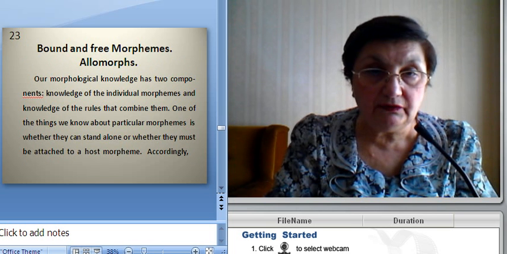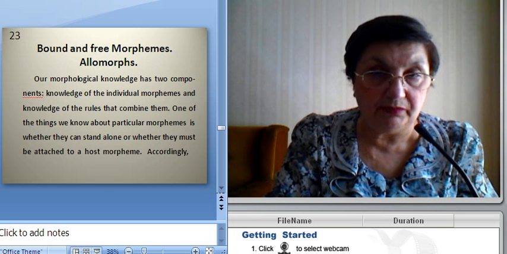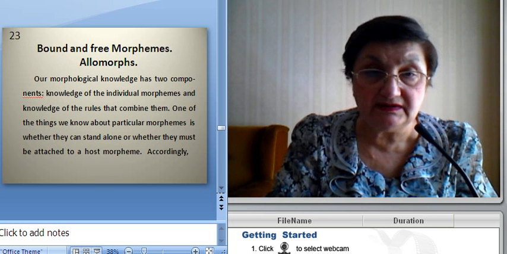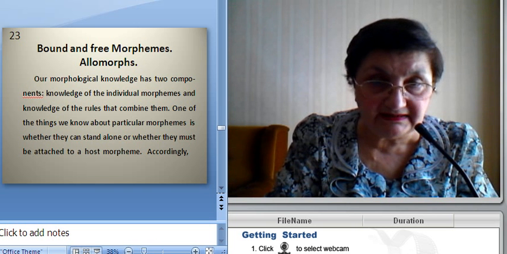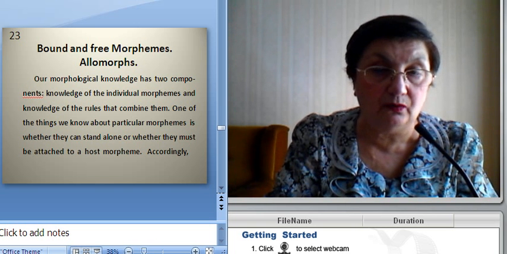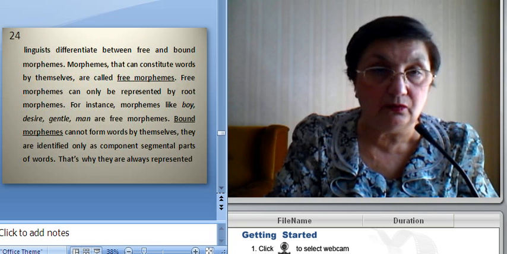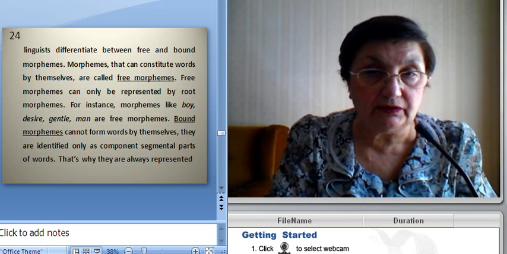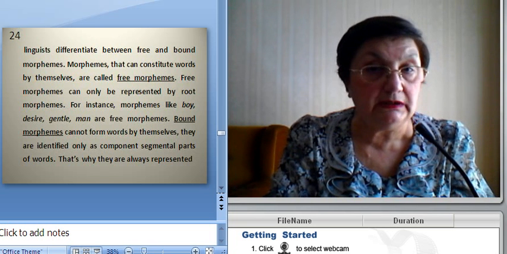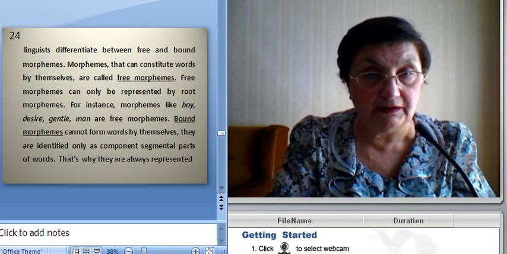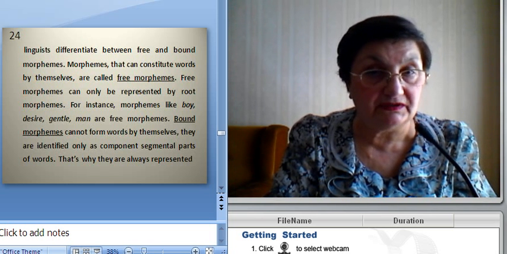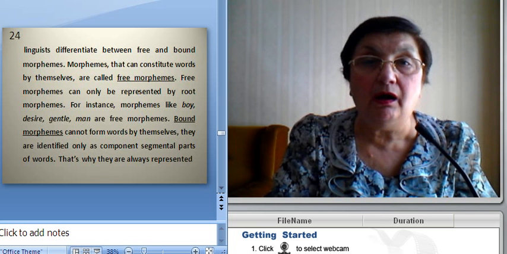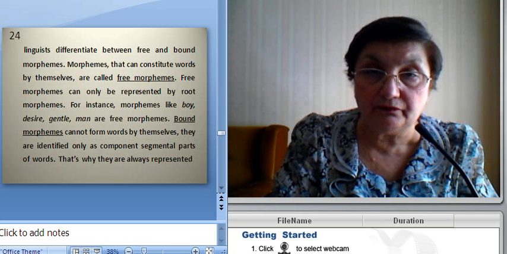Accordingly, linguists differentiate between free and bound morphemes. Morphemes that can constitute words by themselves are called free morphemes. Free morphemes can only be represented by root morphemes. For instance, morphemes like boy, desire, gentle, man are free morphemes.